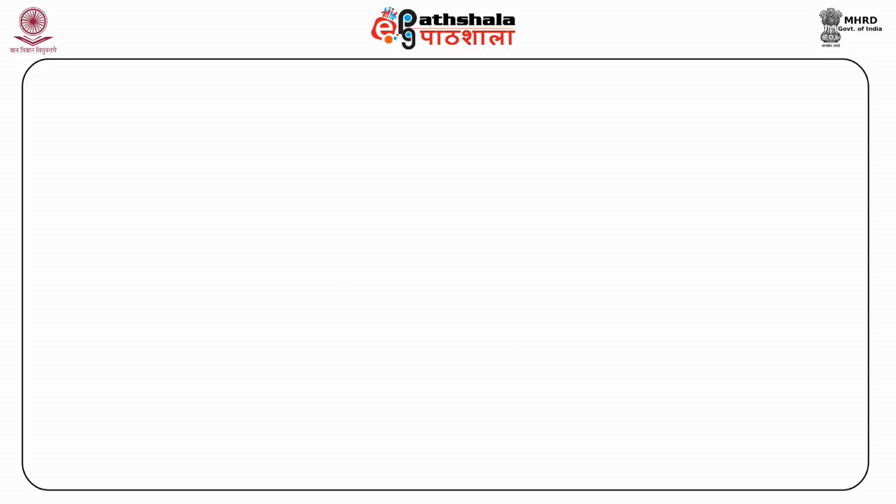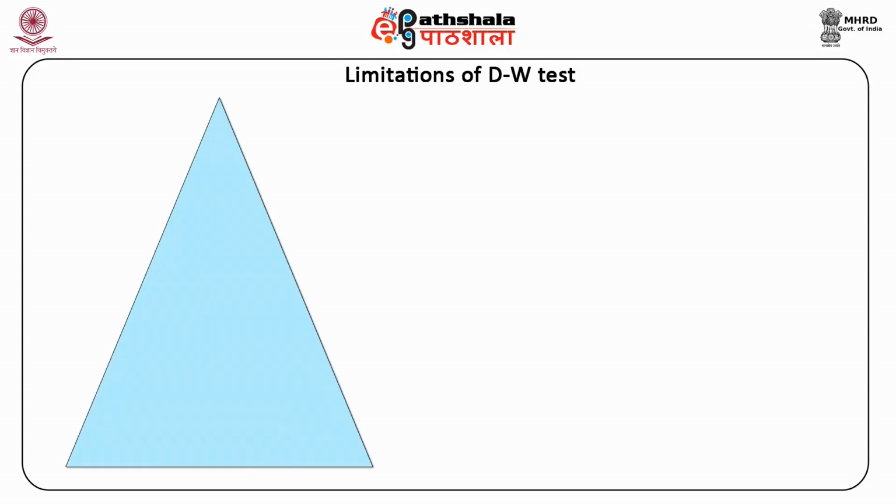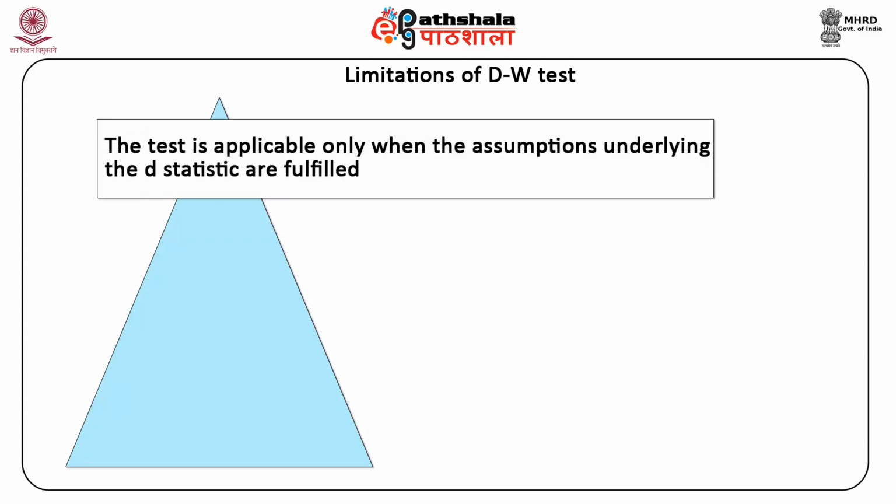Having learned the Durbin-Watson test, let us try to understand if there are any limitations of this Durbin-Watson test. There are some limitations, which are: the first is that the test is applicable only when the assumptions underlying the d statistic are fulfilled.